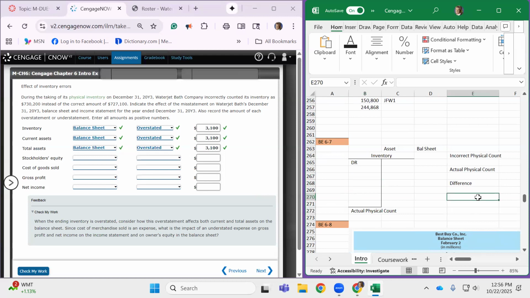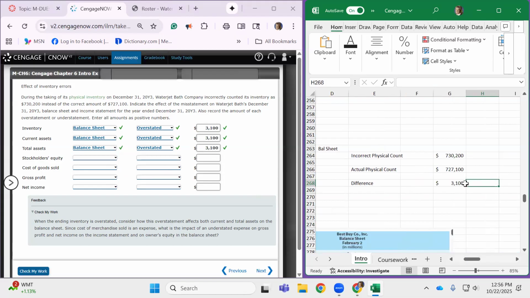So we're looking at it from the assets point of view right here. The asset difference is assets overstated. Then cost of goods sold.